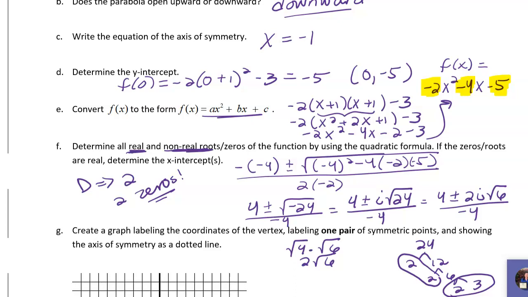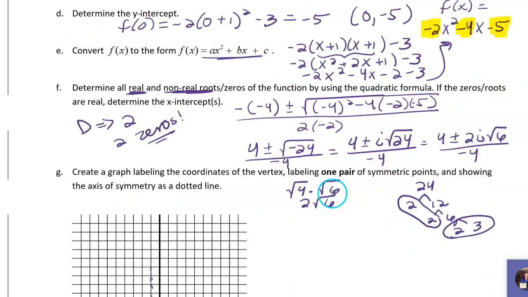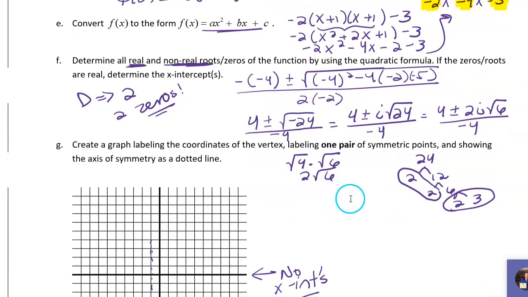All right, let me move this down just a little bit here. There we go. Now, when you have this right here, we have to keep simplifying. We have dealt with the i, and that's all good, but we also have a negative in the bottom, which we don't want to leave in the denominator, and we also have a common factor of 2.